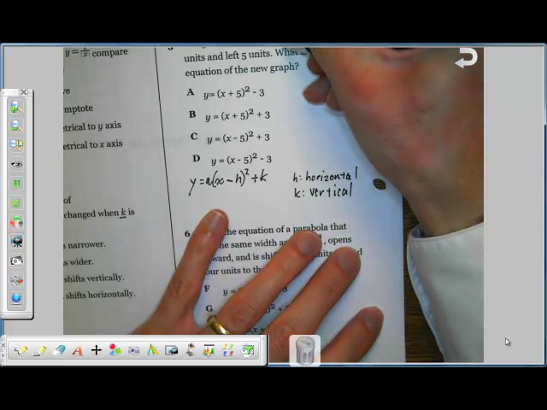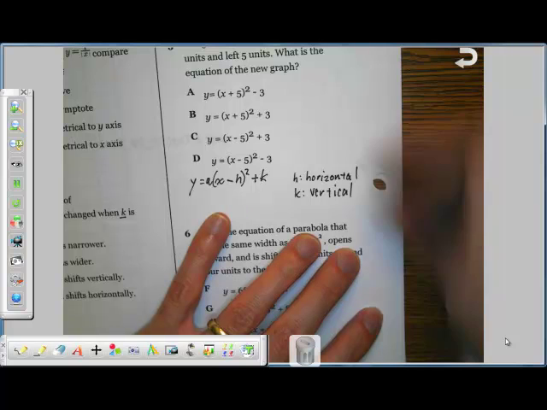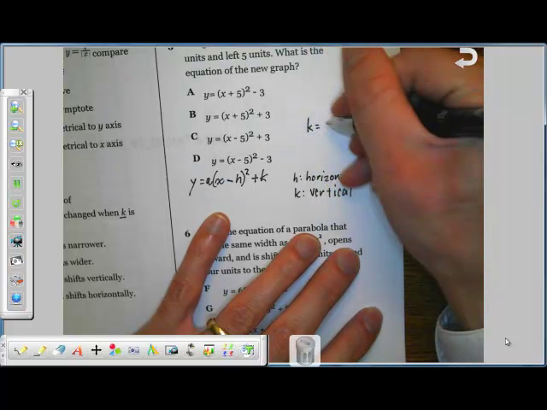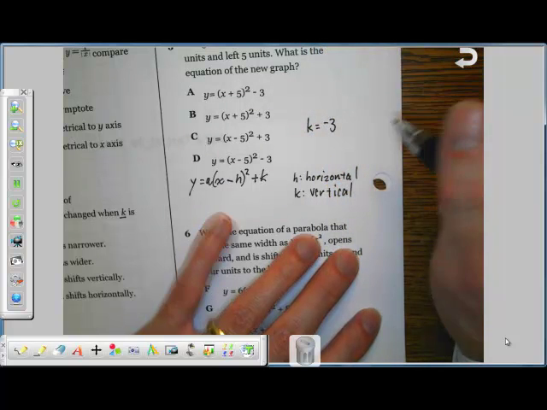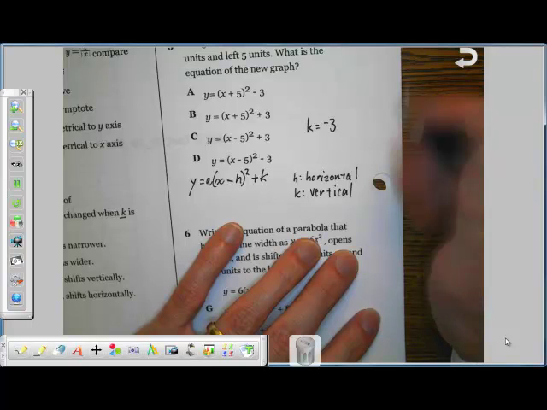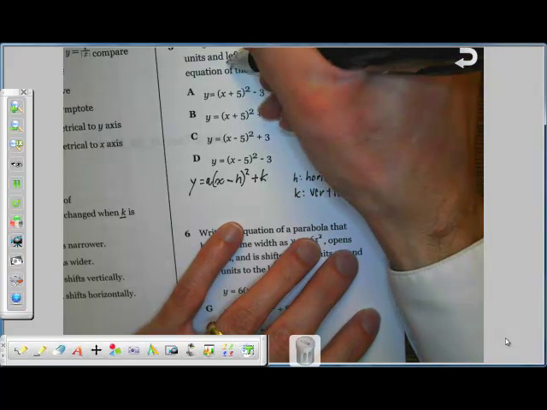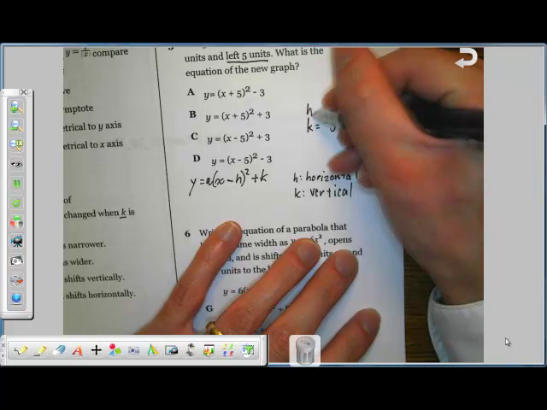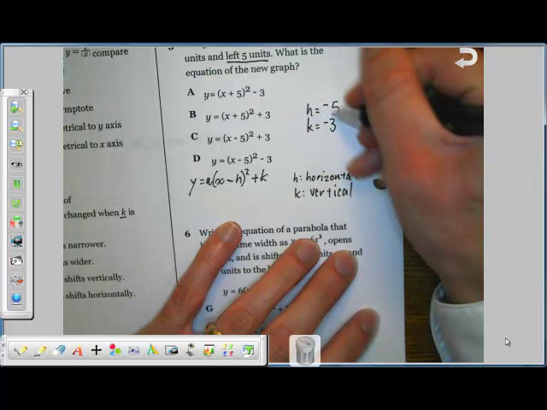So if I'm shifting down, that tells me that k is equal to negative 3. And if I'm shifting left 5 units, that tells me that h is negative 5.